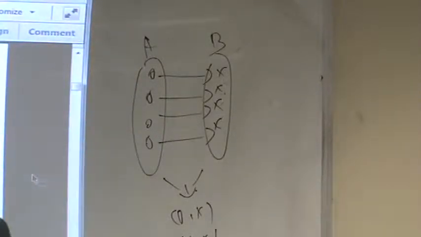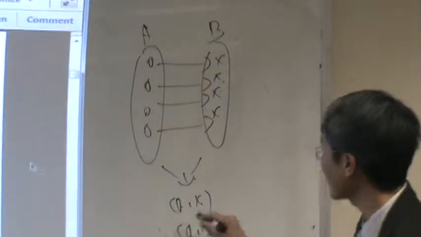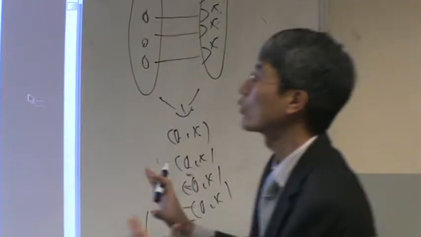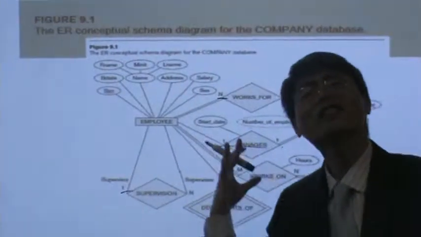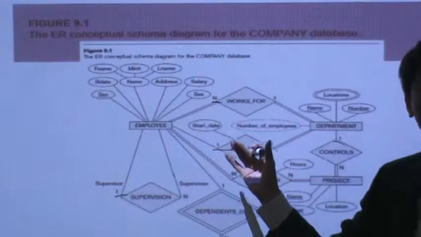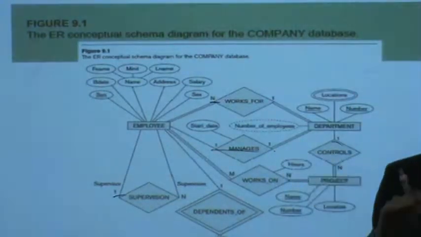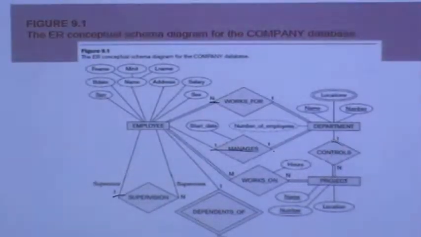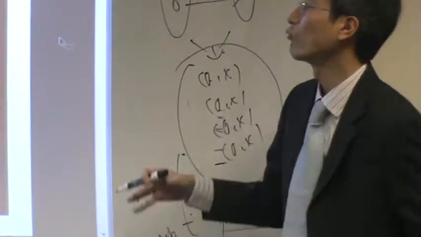So anyway, that's the extreme case. So it's a one-to-one mapping, so we can combine. There are different options to handle one-to-one mapping. In case of one-to-one mapping, we can merge into the relation.